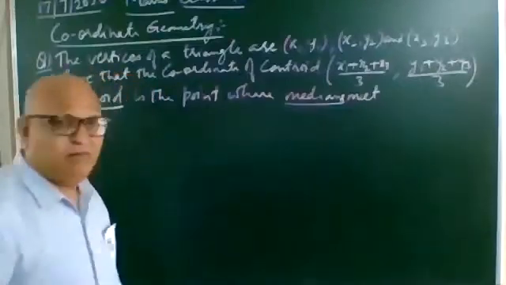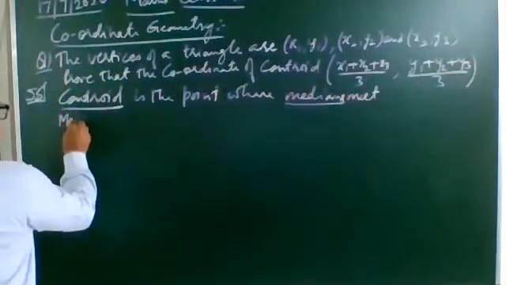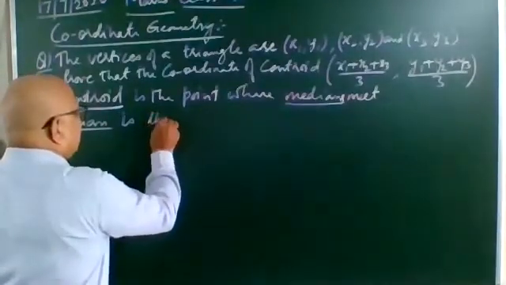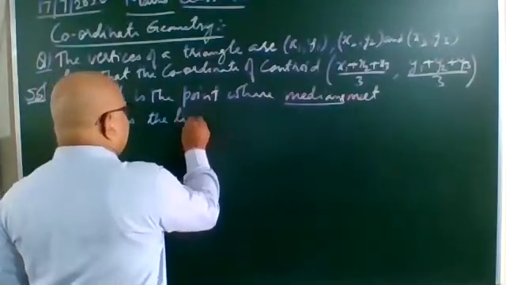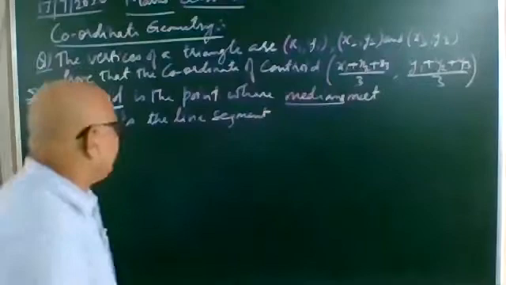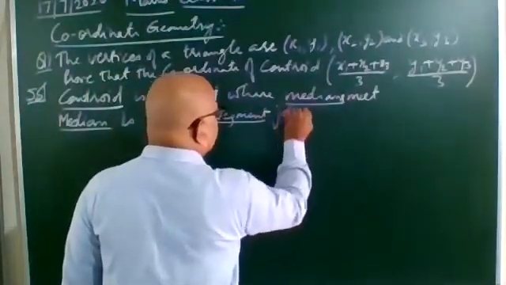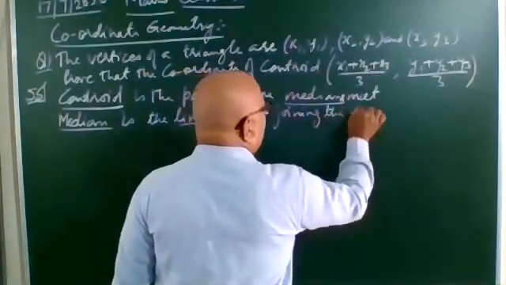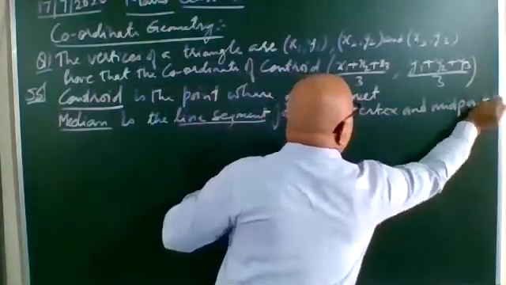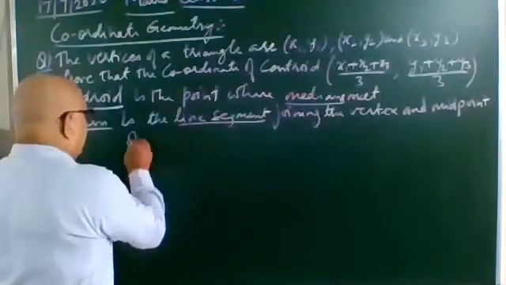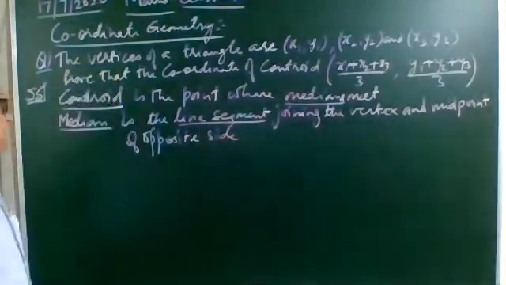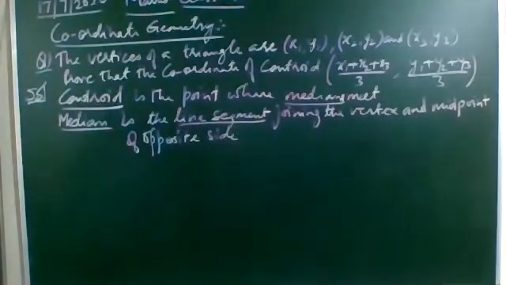Now, what is a median? Median is the line segment joining the vertex and the midpoint of the opposite side.